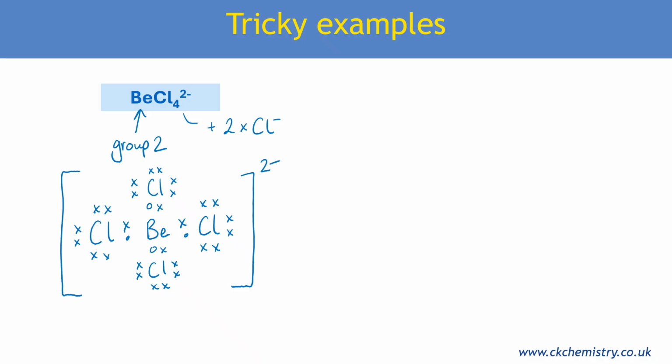2- around the outside. Okay, and another example that comes up relatively regularly is carbon monoxide. Just because it's a common molecule that is formed in incomplete combustion, they could ask about it. So if you had carbon dioxide, it would be just 2 double bonds. That sorts everybody out because oxygen needs to share 2, carbon is going to share 4.